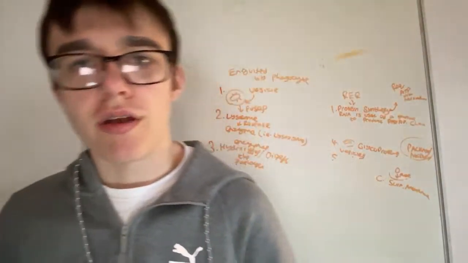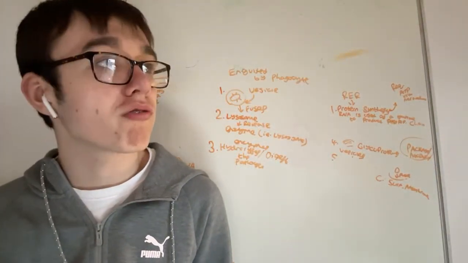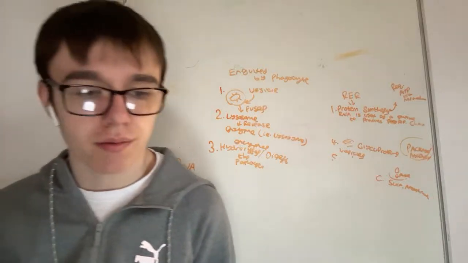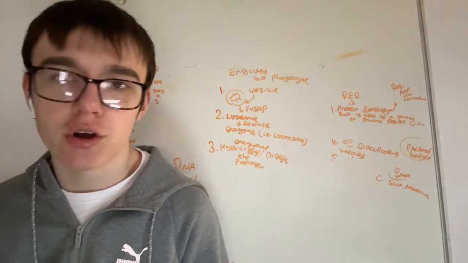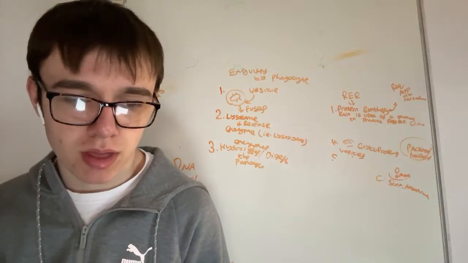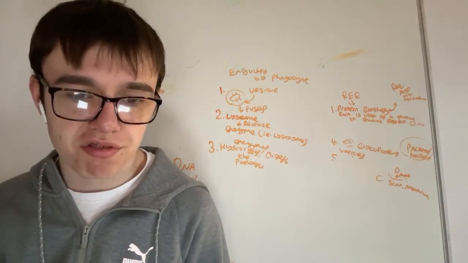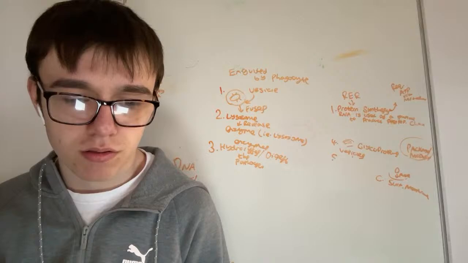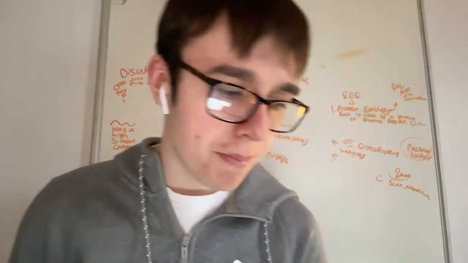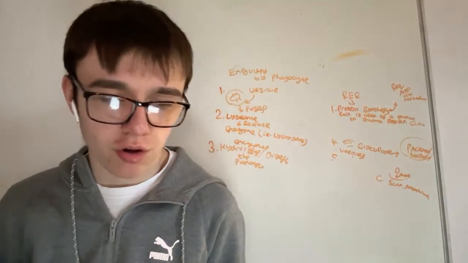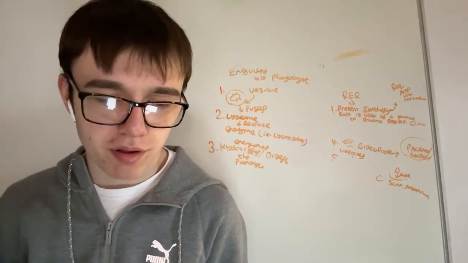Define the term exon. Exons are not removed, they are coding. They are coding bases, which means they are spliced together during, I guess, DNA splicing. I don't know, what's the definition? Tell me. They are a base sequence coding for the polypeptide sequence.